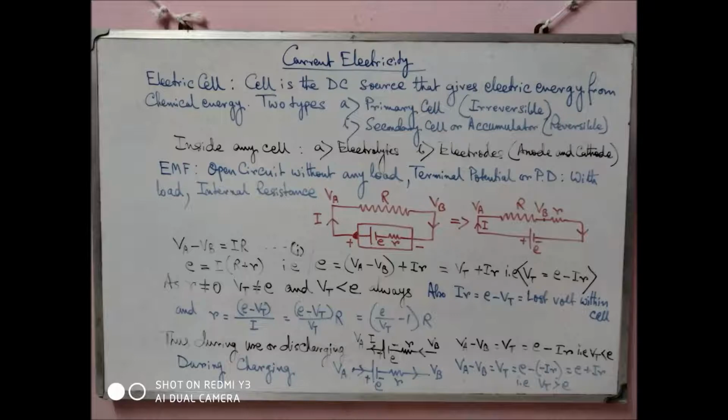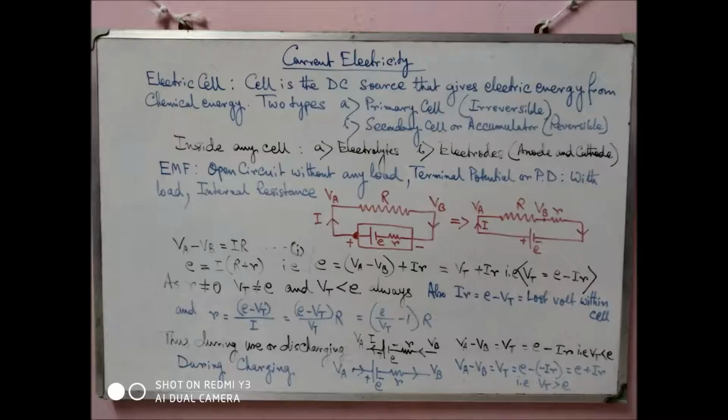Look at the board. There is a diagram drawn with the red pen. That box represents the cell, which has a positive and a negative. This you know because we are using the dry cell or simple battery. We told it battery, though battery and cell are not equal. Battery means multiple cells form a battery, but a single one is a cell.